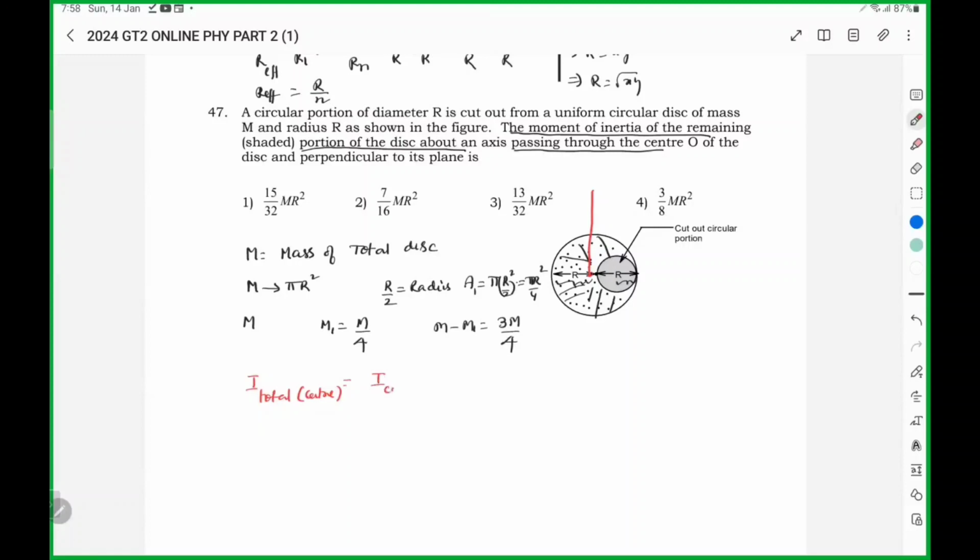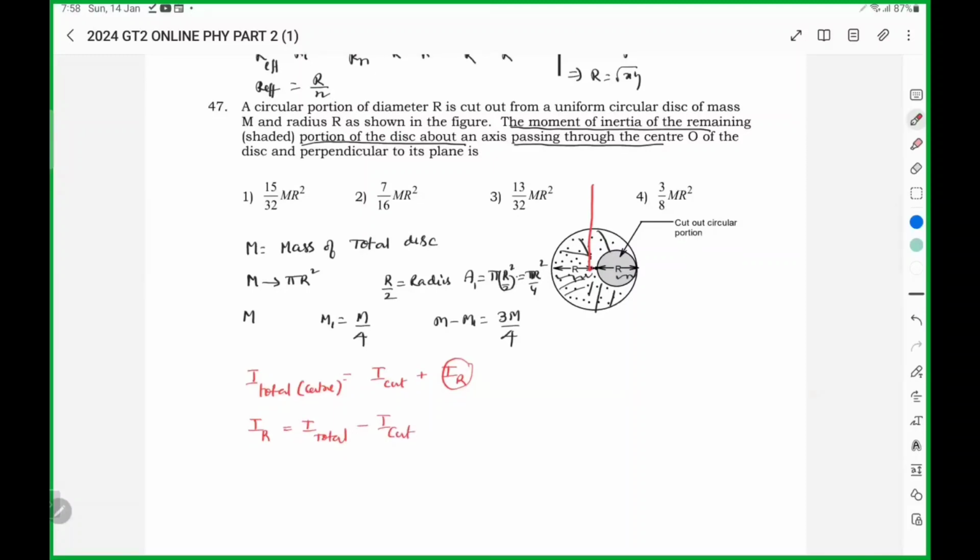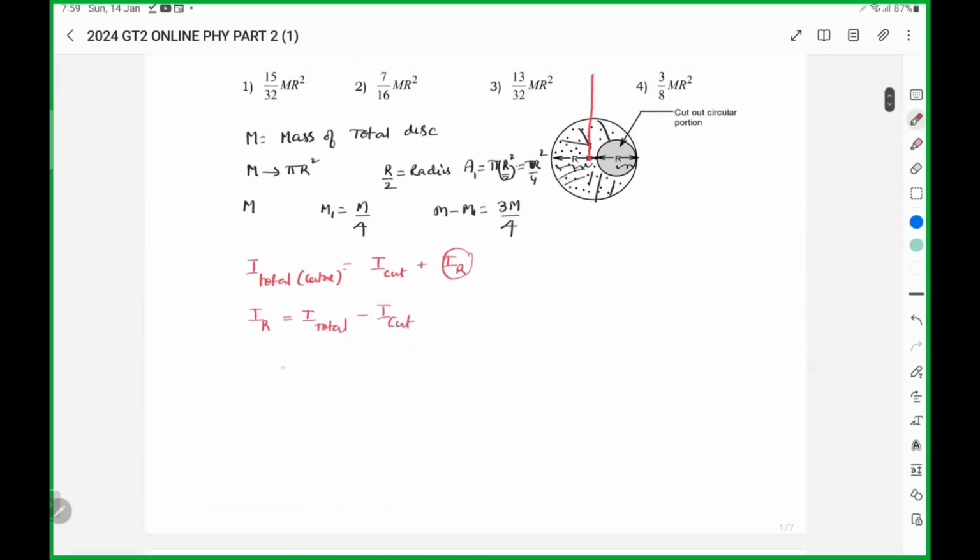The moment of inertia of the remaining portion is I total minus the moment of inertia of the portion which is cut. The total moment of inertia is obvious from the direct formula.